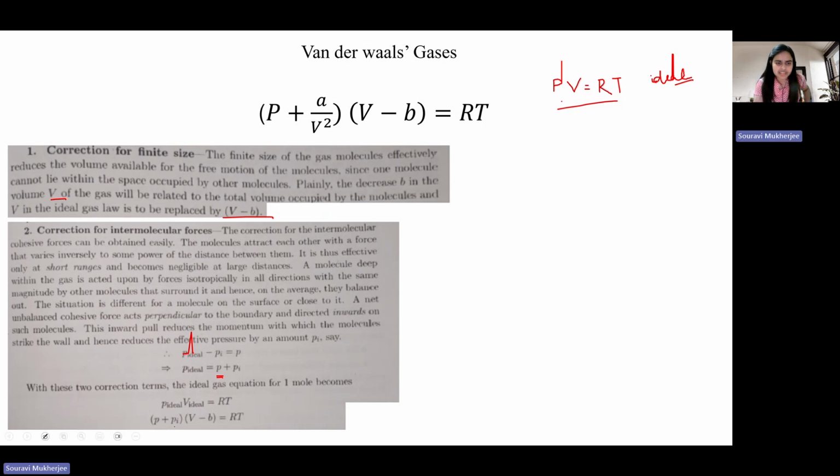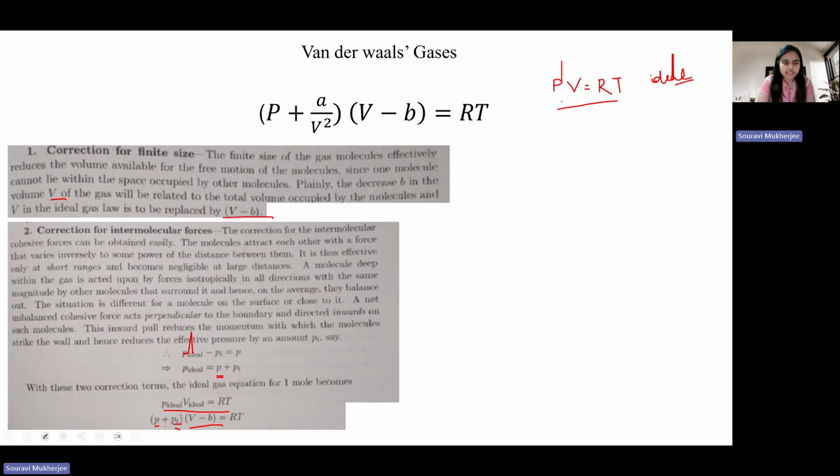So when you are replacing, your ideal volume becomes V minus b, and the ideal pressure you're talking about is actually more than what you expect for a typical real gas, which has some interatomic forces. So you have an additional term coming in, which takes into account the fact that in an ideal gas, atoms are free to go and collide with the wall.